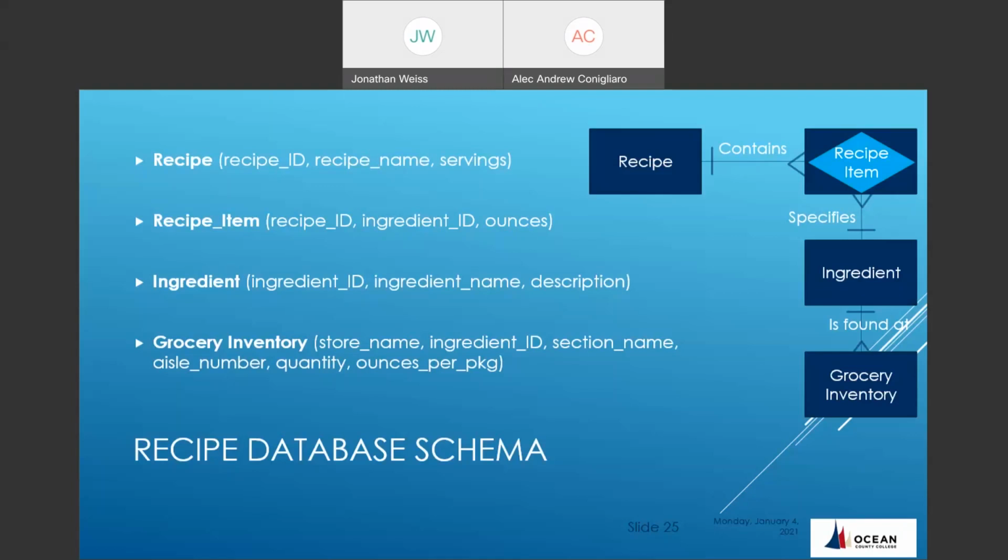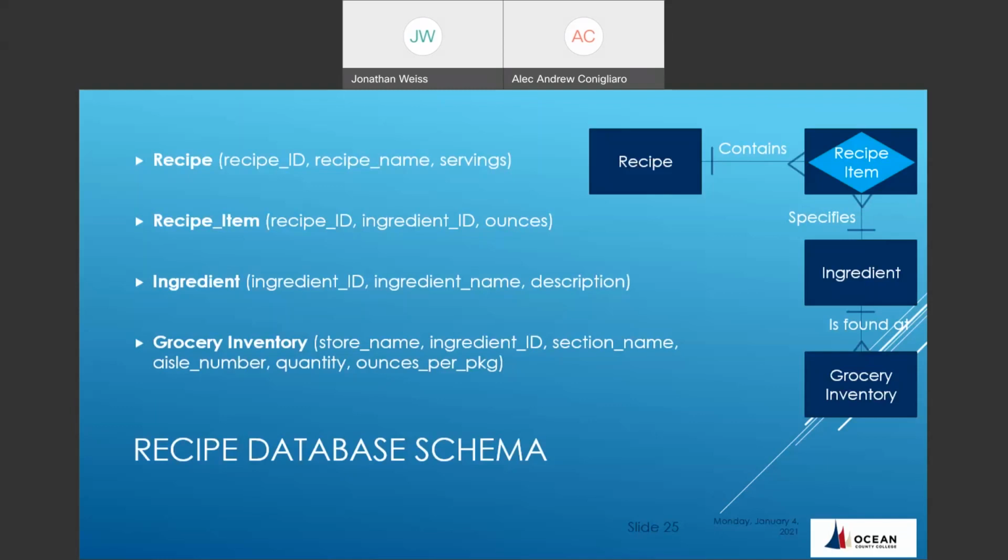So, for example, ingredient ID is the primary key for the ingredient relation. Where is ingredient ID a foreign key? It's a foreign key in grocery inventory. Yes, this ingredient ID refers to an ingredient in the ingredient table.